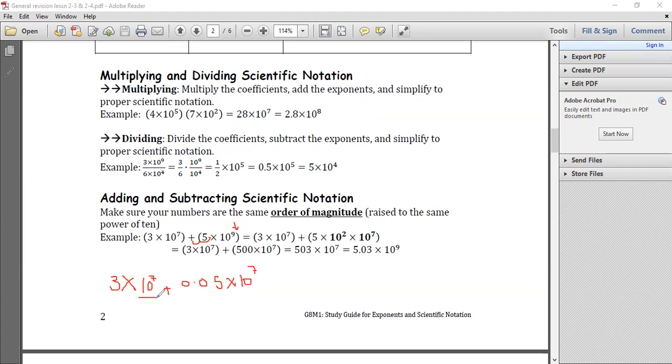To make 10 to the power of 7 and 10 to the power of 7. So we will take 10 to the power of 7 as a common factor. We will open up parentheses and collect the remainder. So this is 3 plus 0.05. When we simplify this, the answer by the end will be 3.05 times 10 to the power of 7, right?